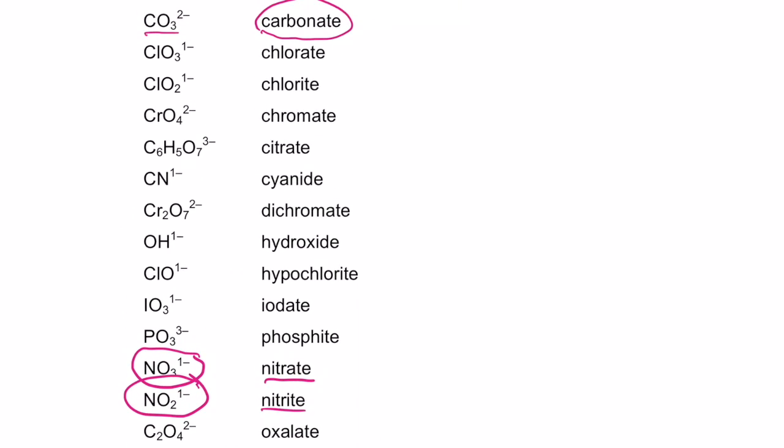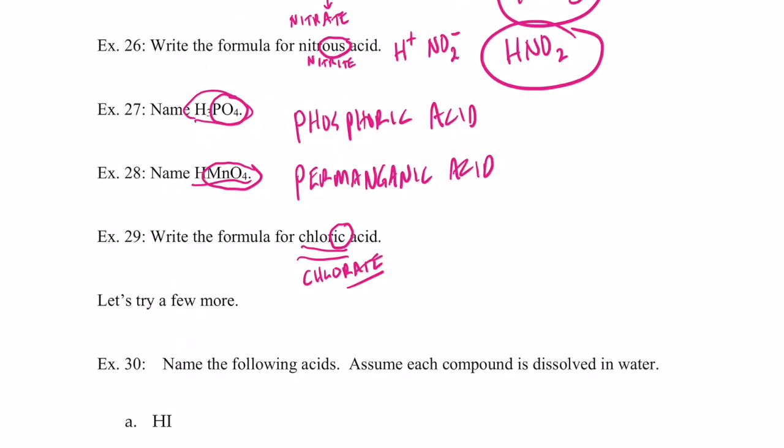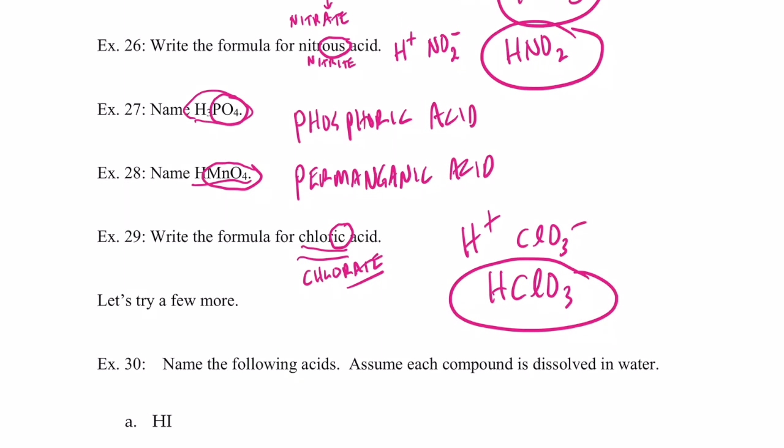Let's find chlorate here. Here it is. Here's chlorate. It's ClO3 negative 1. Hydrogen will act like a metal with a 1 plus charge. And since that's plus 1 and the chlorate's negative 1, we just need one of each. HClO3 is chloric acid. Okay?